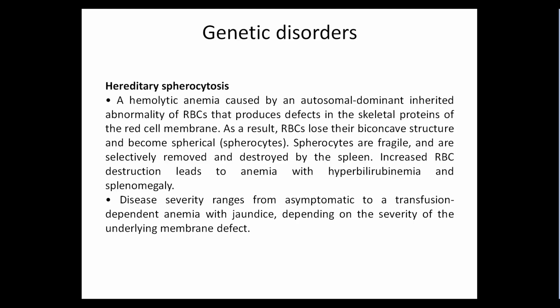Spherocytes are fragile and are selectively removed and destroyed by the spleen. Increased red blood cell destruction leads to anemia with hyperbilirubinemia and splenomegaly. Disease severity ranges from asymptomatic to transfusion-dependent anemia with jaundice, depending on the severity of the underlying membrane defect.